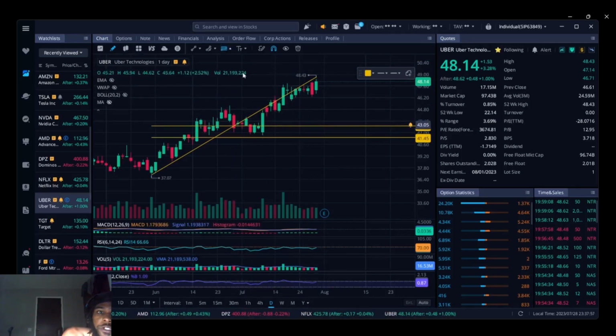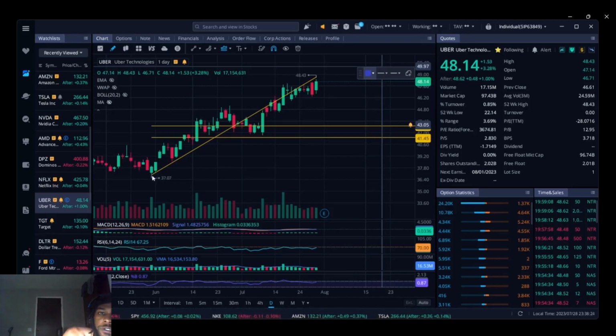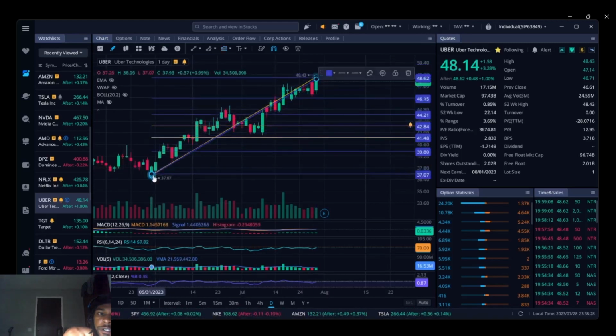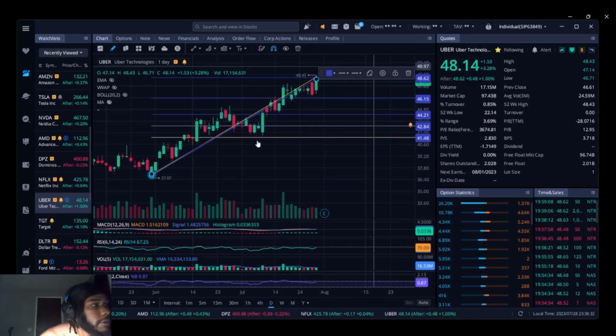Now let me show you the Fibonacci extension. Okay, now we're gonna change the color. Let's change it to blue. I'm gonna take the lowest point, and we're gonna take it to the high. This is for the Fibonacci extension.